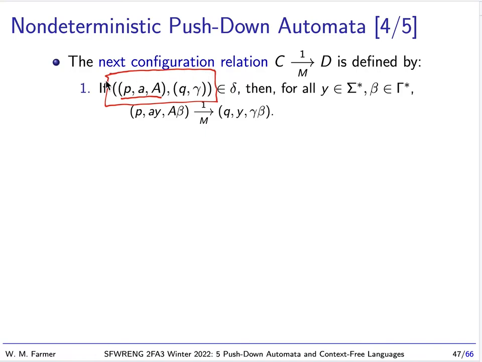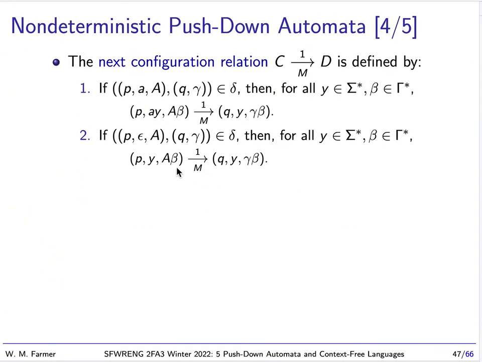If we have this in our transition relation, and we're in this configuration, then we will move to this configuration. So if we're in state P, we'll go to state Q. If we're reading the string AY, and we have A up here, we will, in the next configuration, be reading Y. If we have A on top of the stack, we will pop that off, and then we will push on this. So this is how a transition goes from one configuration to another in the first case.